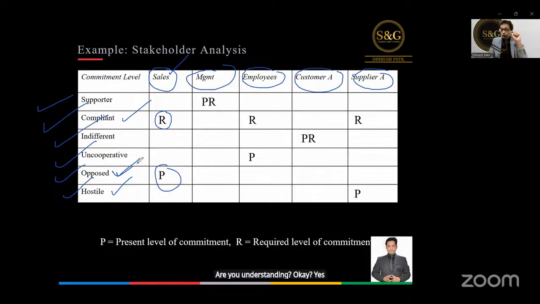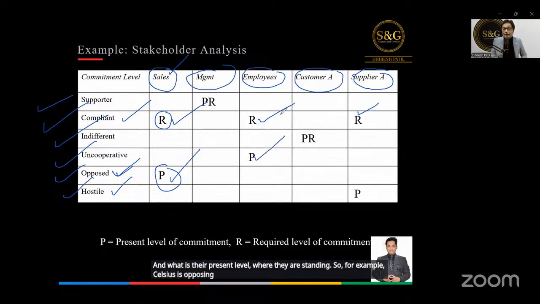So you have to gauge their engagement level. This is a very powerful tool to identify their required level and their present level, where they are standing. For example, sales is opposing, employees are uncooperative, and the supplier is hostile. There could be reasons.